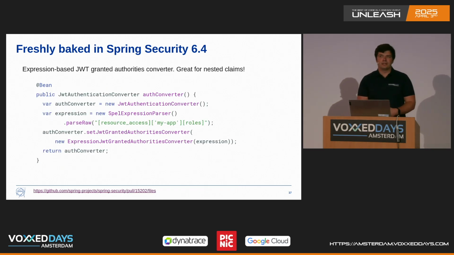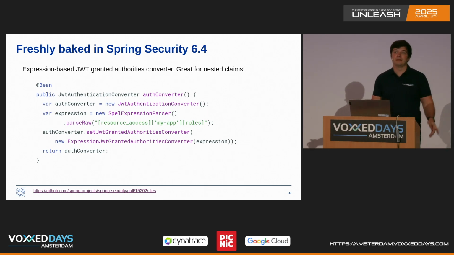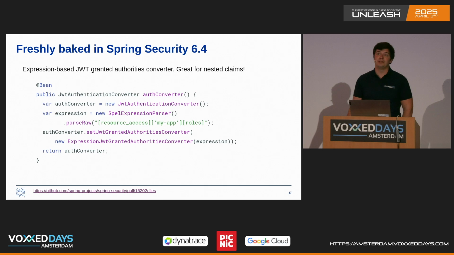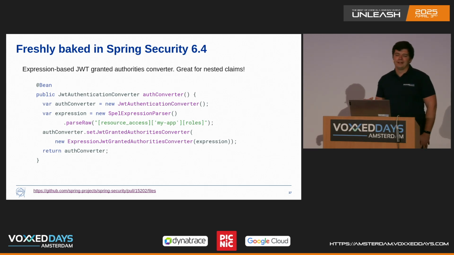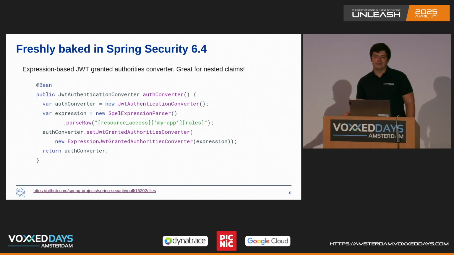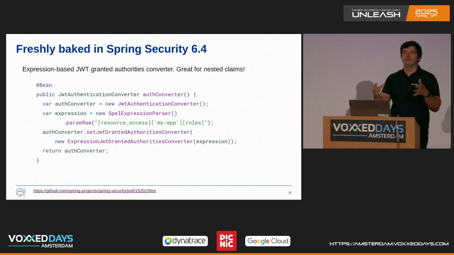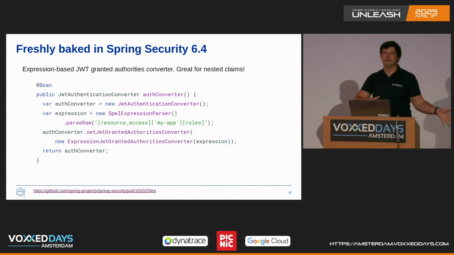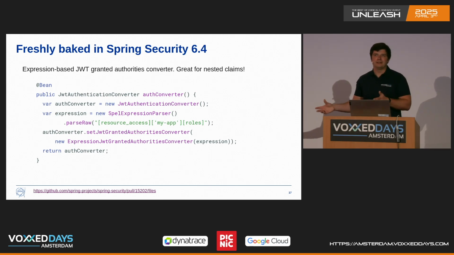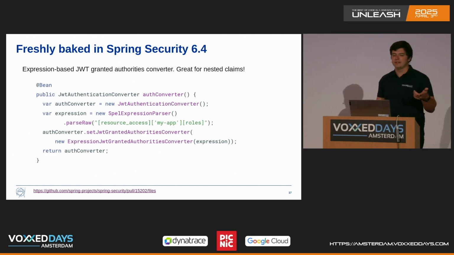Now, another interesting thing that you can do, which is really not documented yet, maybe in Spring Security 6.5 it's going to be documented properly. It's called expression-based JWT granted authorities converters. So basically, authorities, you map them from your token into a list of granted authorities that then get put into your authentication object. You can override this by providing a bean. In this case, it's called JWT authentication converter.